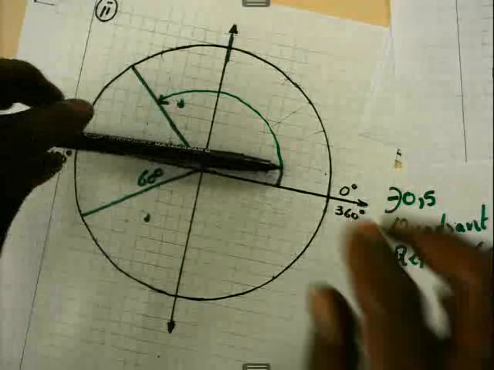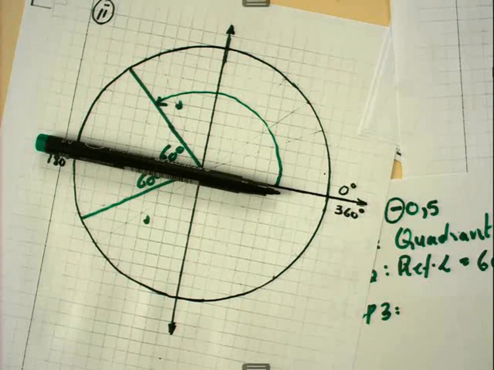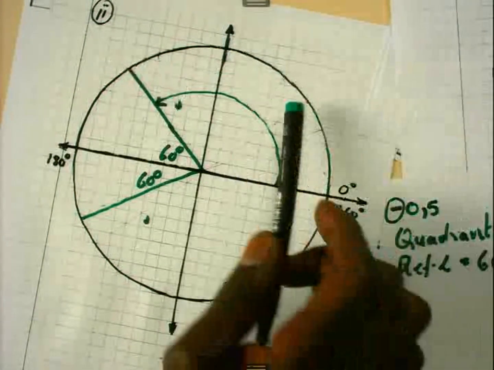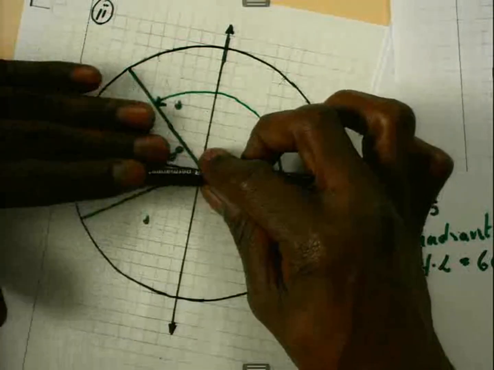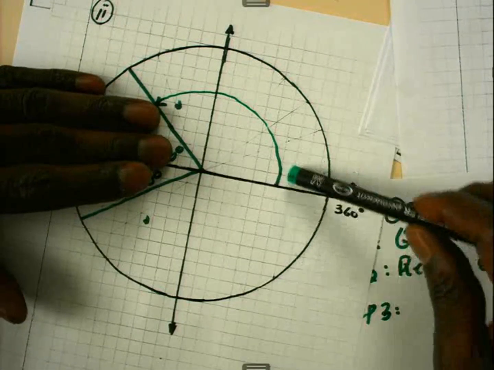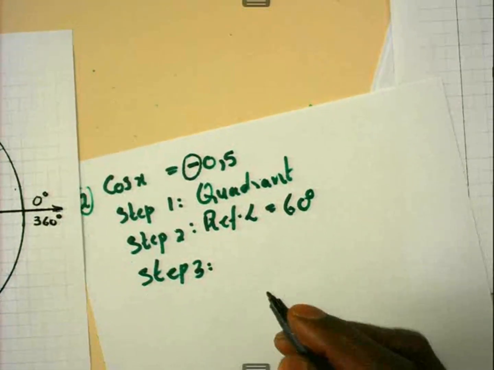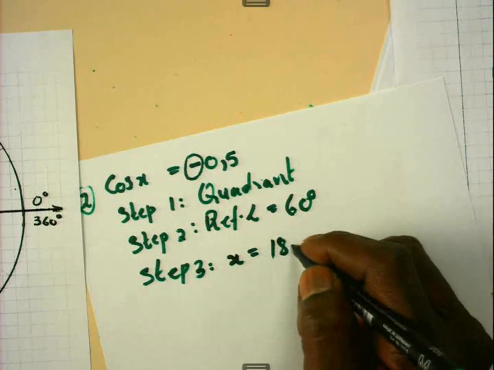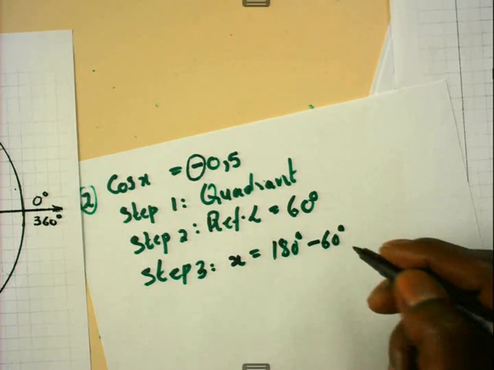And I'm dropping my pen here so that you should not forget that when we count the solution, it will be 180 degrees minus this angle, then we'll have our solution there. So the first solution will be x is equal to 180 degrees minus 60 degrees.